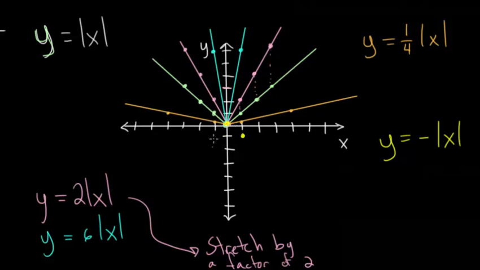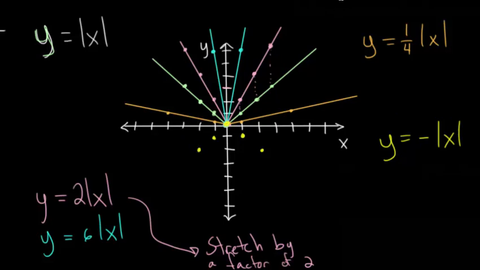If we plug in -1, then the absolute value would make it +1, but then we want the opposite of that, down at -1. Now, if we plug in 2, then we would get 2 here, and then we take its opposite, it'll be at -2.